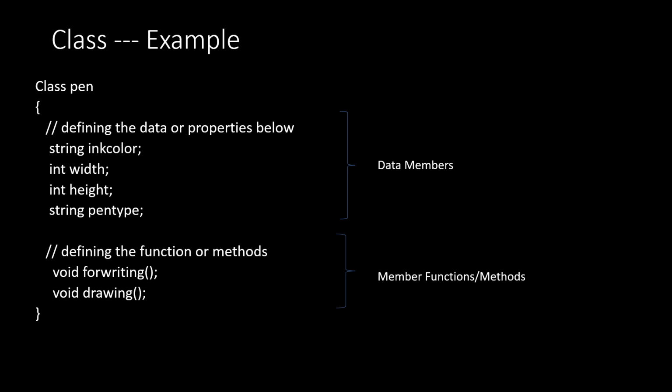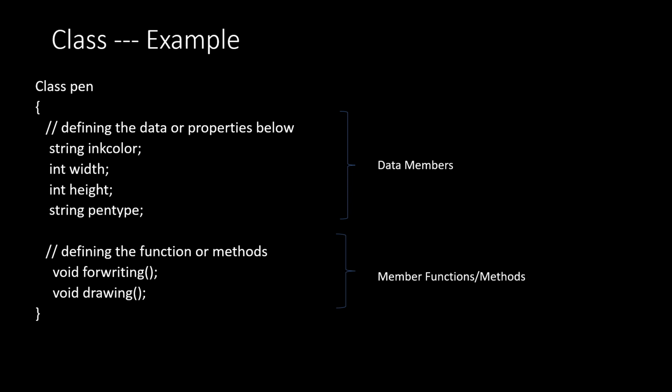Another example: we have an animal, a bird, a plant. Animal can be any animal, so we can have different properties like animal name, a buffalo or a cow, and animal type, which can be domestic or wild. We define the properties of an animal, and then we can write the functions.